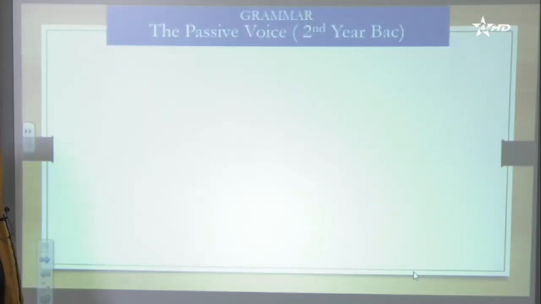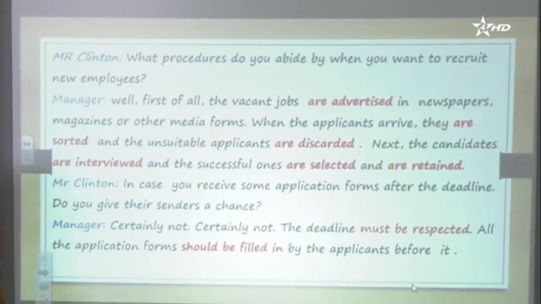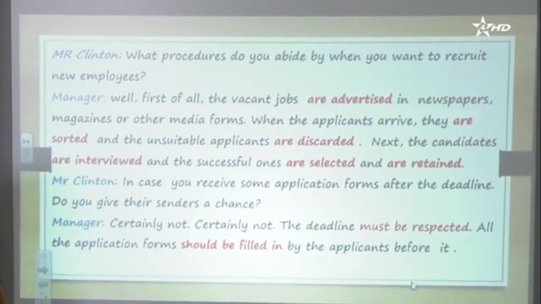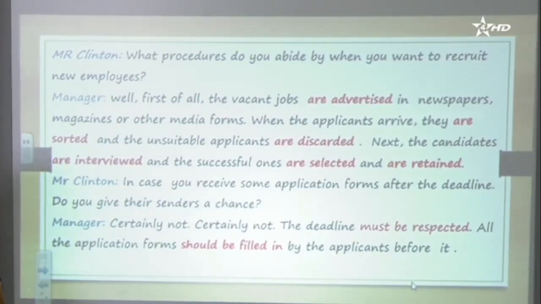Correction? Okay, let's check our answers. Well, first of all, the vacant jobs are advertised in newspapers. We need to add to be. Magazines or other media forms. When the applicants arrive, they are sorted and the unsuitable applicants are discarded.